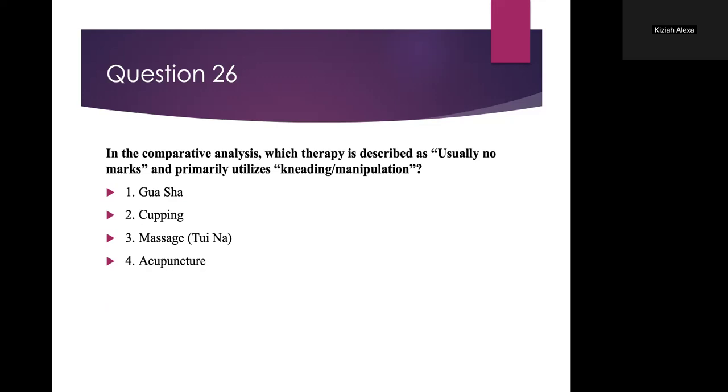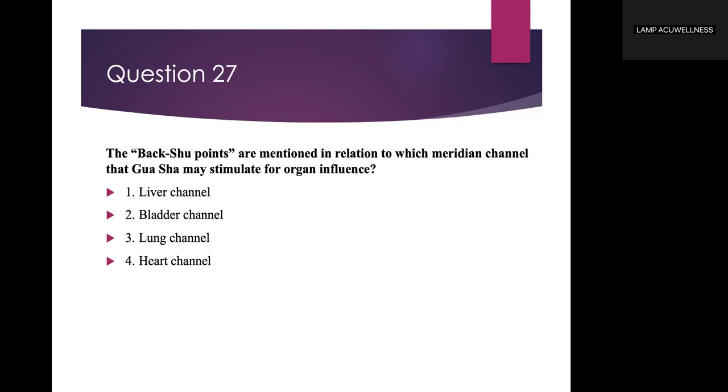Okay. In the comparative analysis, which therapy is described as usually leaving no marks and primarily utilizing kneading manipulation? Massage. Yeah. The Back-Shu points are mentioned in relation to which meridian channel that Gua Sha may stimulate for organ influence?